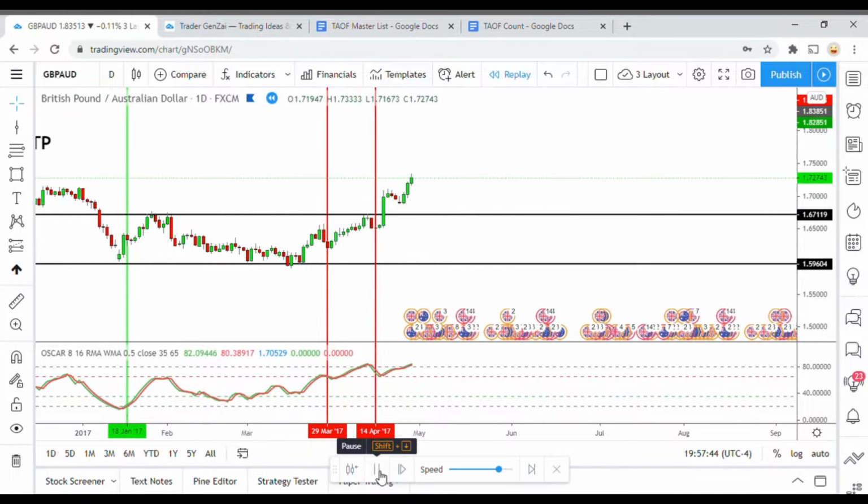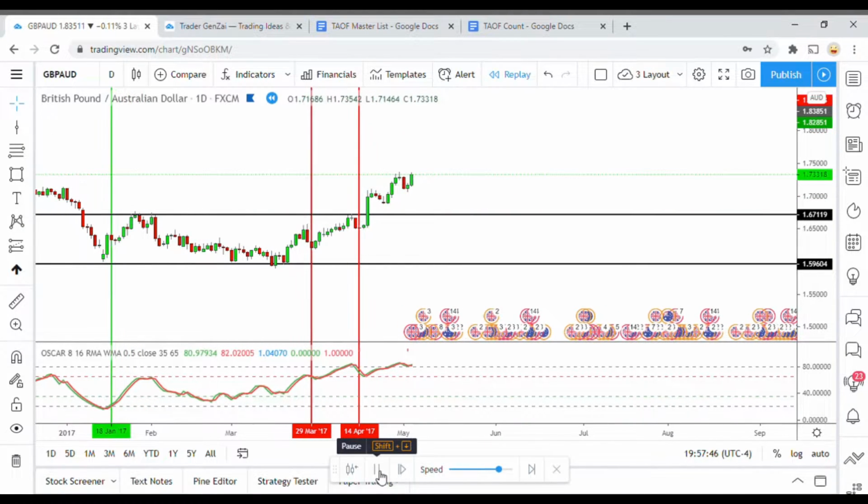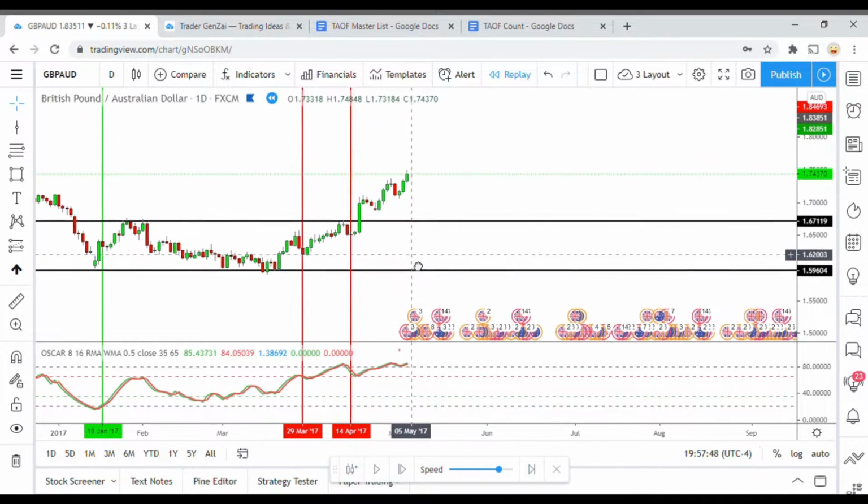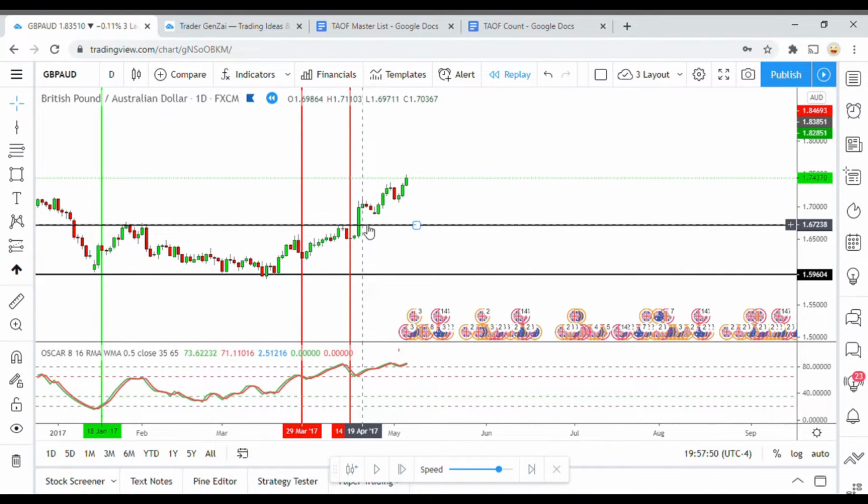Not always 3 cycles, but definitely once it starts hitting 1, 2, 3 cycles, it starts losing its momentum, especially when it's got so much upper movement here. Really stacked itself up into the overbought area.